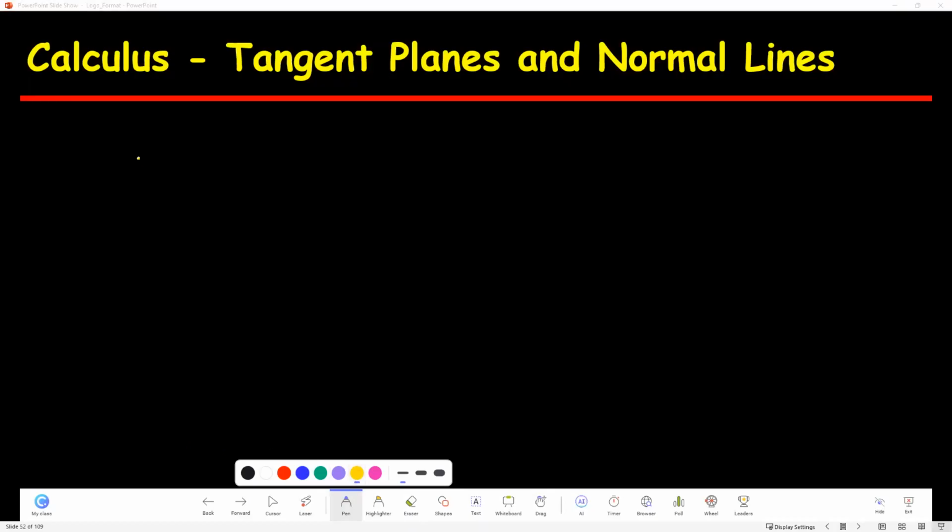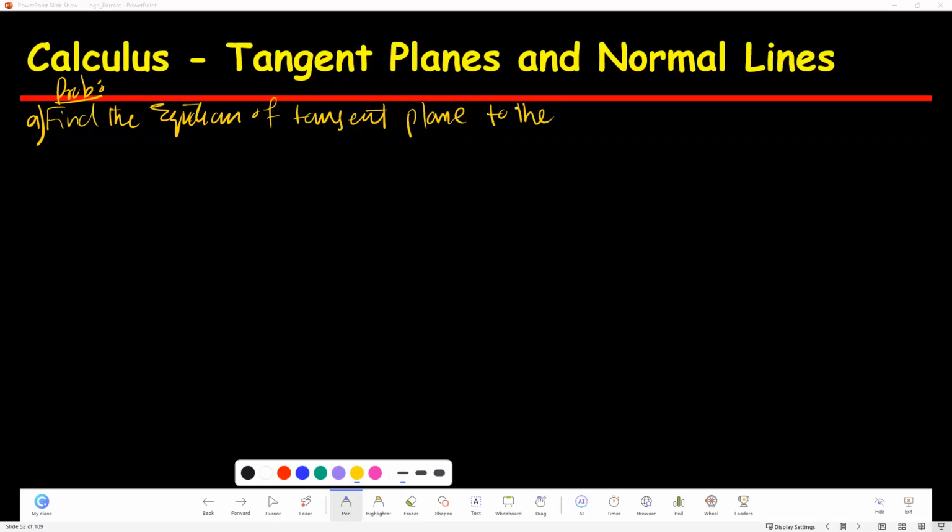Now in this problem, we're going to be finding the normal plane and normal line and the tangent plane both together. So find the equation of a tangent plane. This is A part. Find the equation of the tangent plane to the surface at a given point.